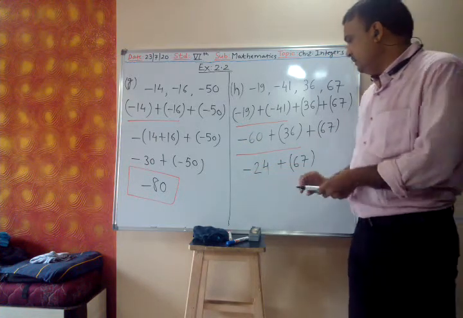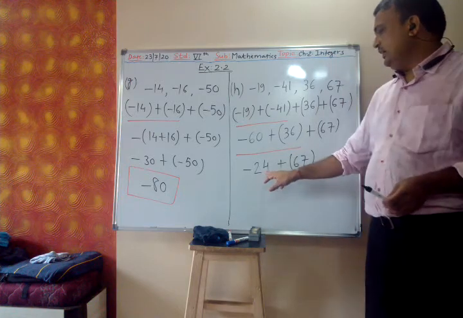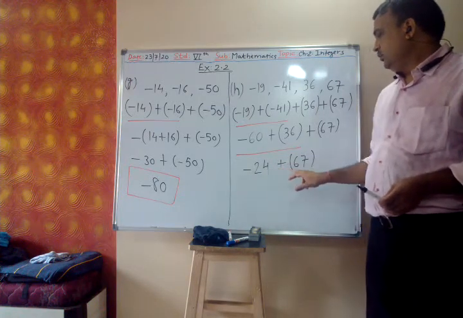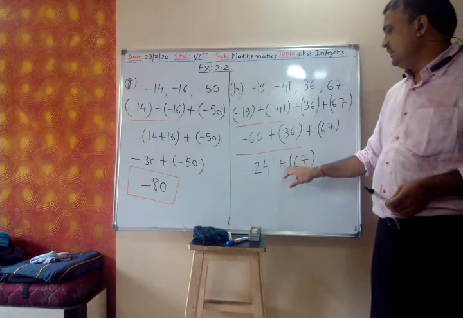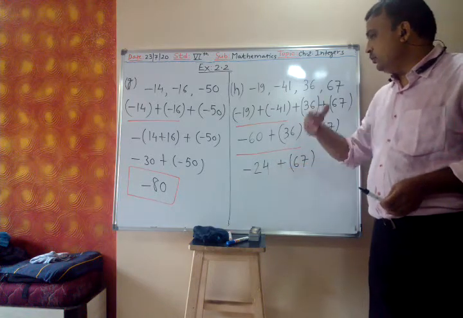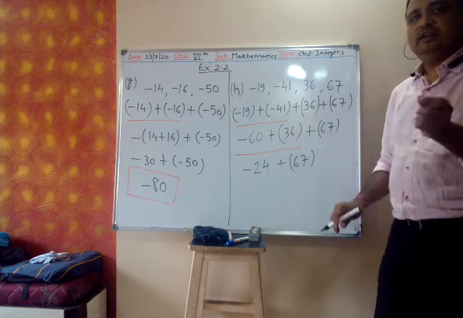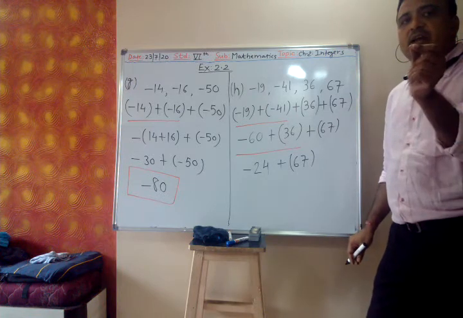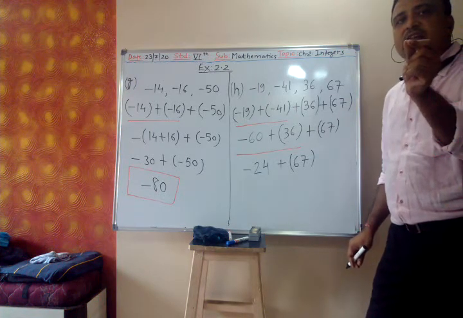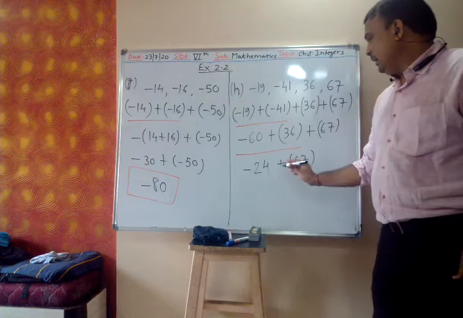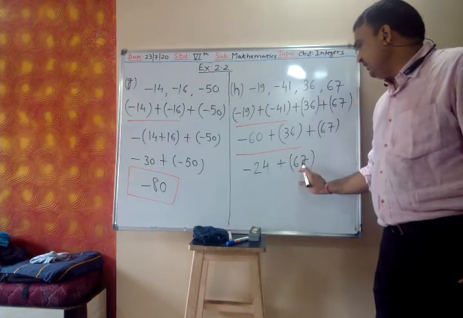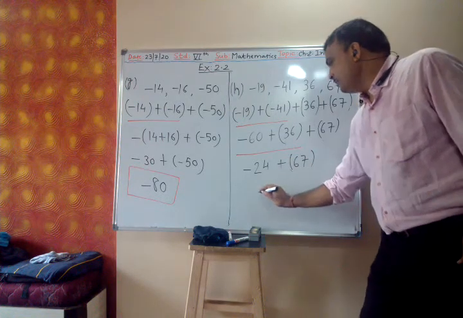Now let us simplify this again. What is sign of 24? Minus. What is sign of 67? Plus. Minus and plus, they have opposite sign. So whenever there is opposite sign, you have to subtract, and take the sign of bigger number. Bigger number is 67. What is sign of that?